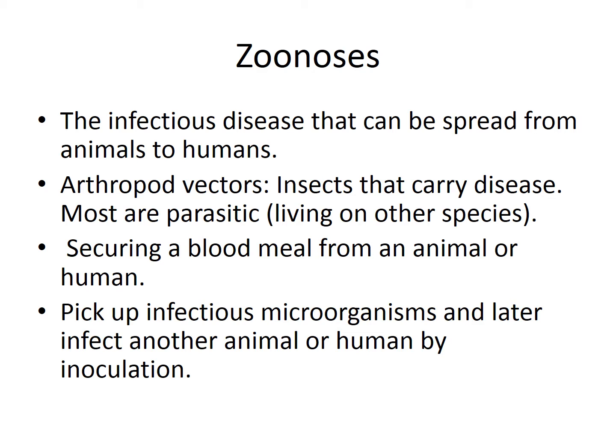When it bites the dog, it injects that little bit of blood that it's carrying into the other dog. The other dog will get heartworm. So that's what we're talking about when we say inoculation. It pulls from one, carries it, takes it to the other, and then injects it into the other.